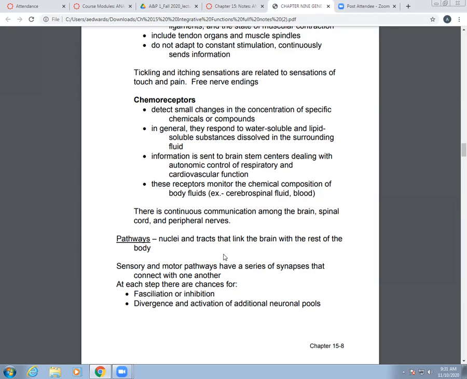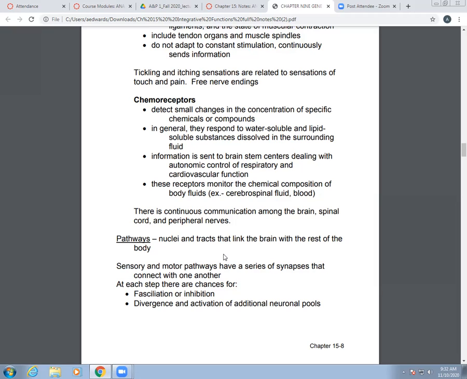When those receptors are stimulated, information is sent to centers in your brainstem that deal with autonomic control, things like respiratory function and cardiovascular function. So things that are automatic and involuntary.